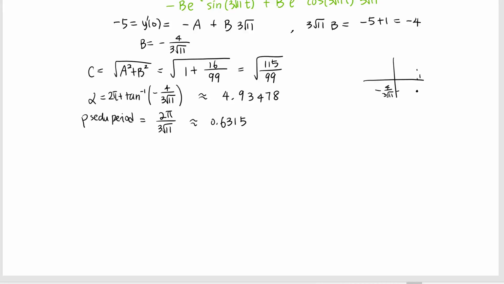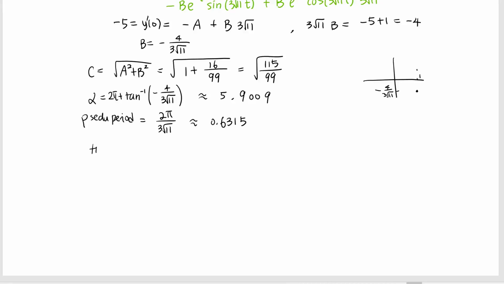So it becomes divided by 3, but times square root 11. So let me insert a division there. When you type the number in your calculator, you have to be very, very careful, because sometimes you miss a parenthesis, then it's the wrong operation, and we get a wrong number. So it's very important to practice using your calculator.